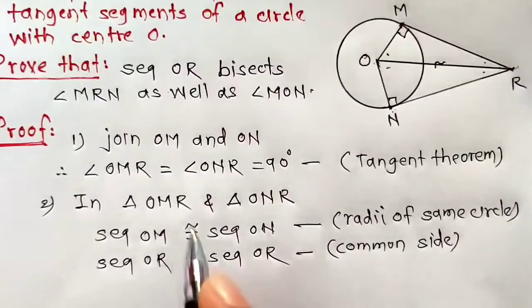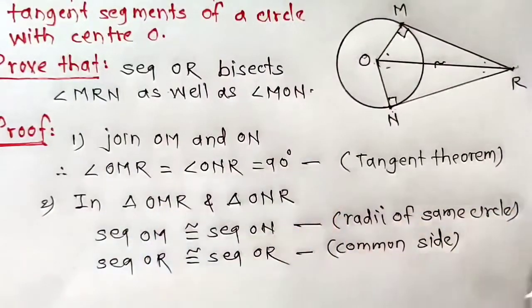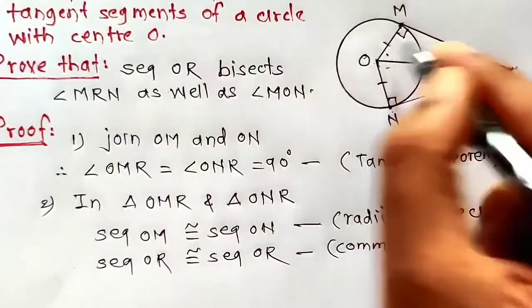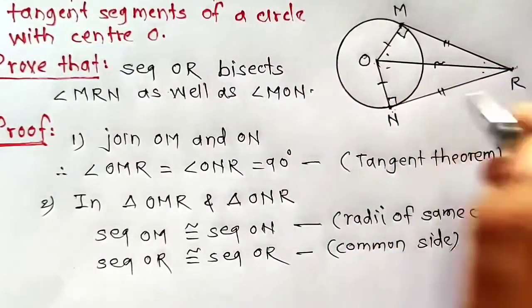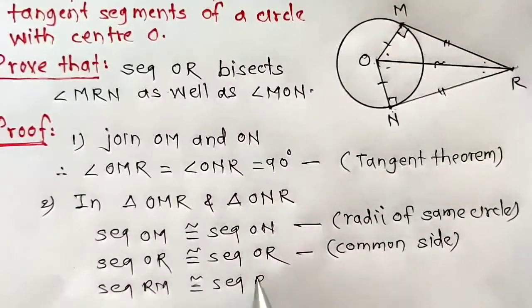Then third one, here if we don't write this one, no need to write this one, because by SSS the triangles become congruent. We can use any. So here RM and RN are also congruent. Segment RM is congruent to segment RN. Why?